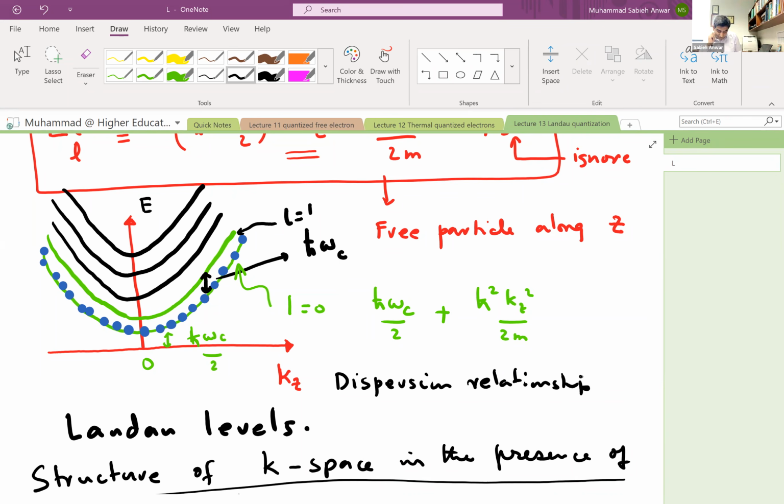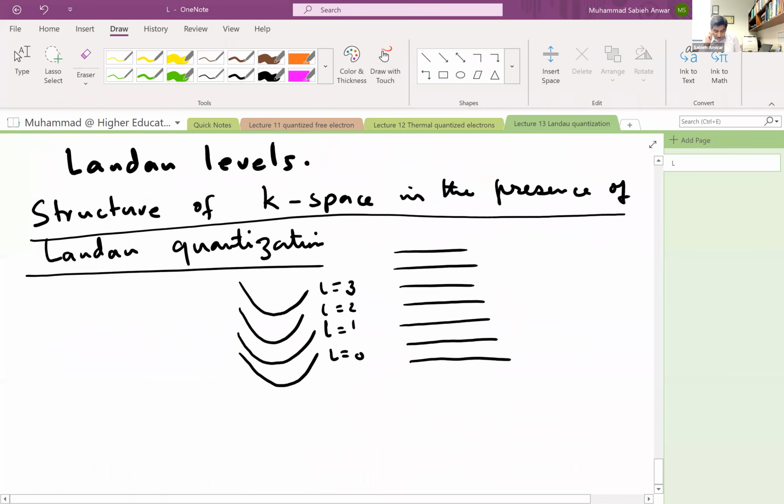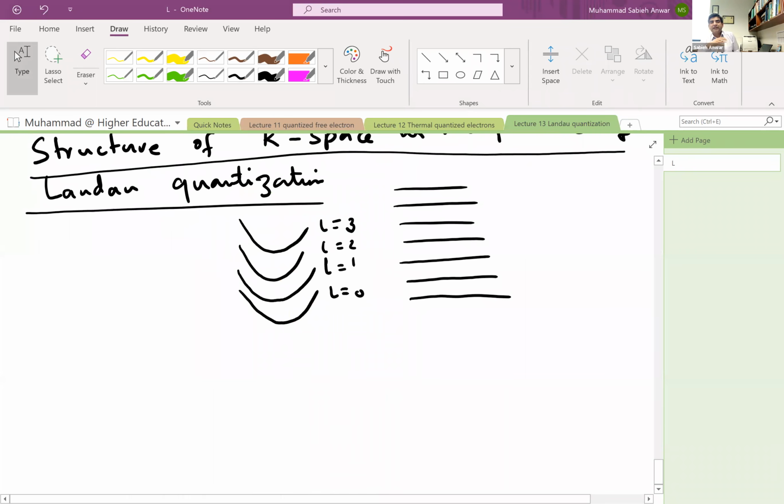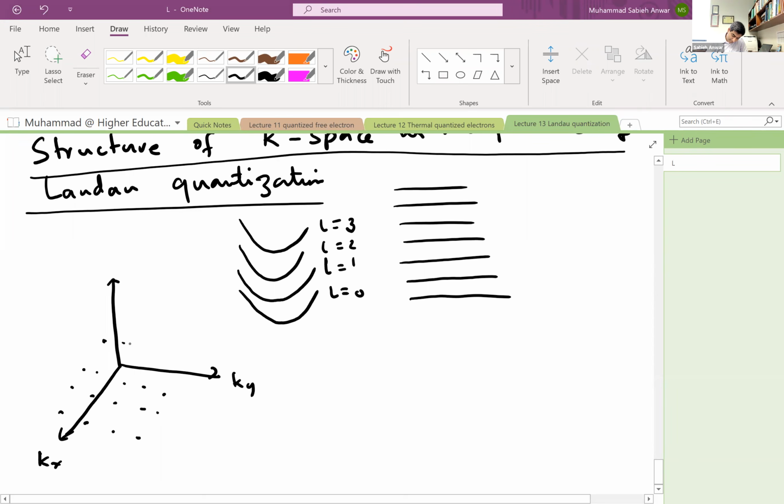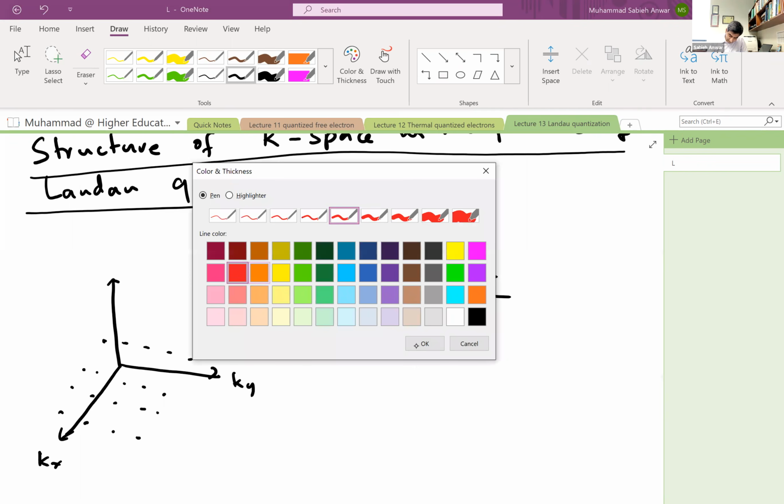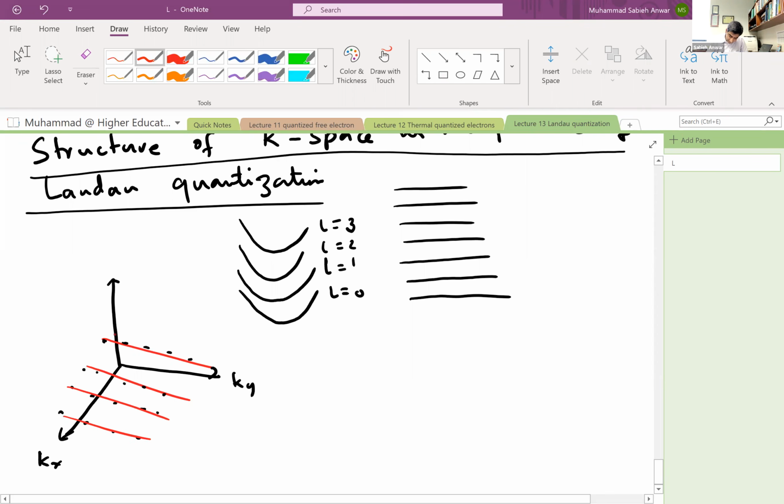Now what I'm trying to do is look at how the K space changes in the presence of a magnetic field. If I were to plot the K space for this free electron in the absence of a field, I'm going to get these points like a three-dimensional grid. And if I were to, for visual clarity, draw these as a skeleton, you can draw another net above it.